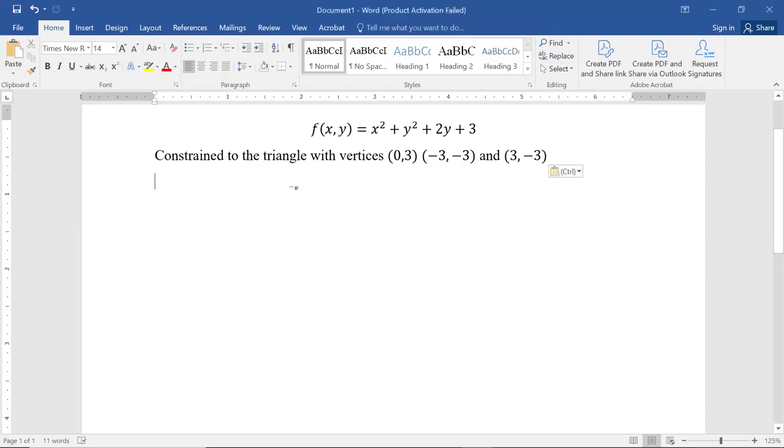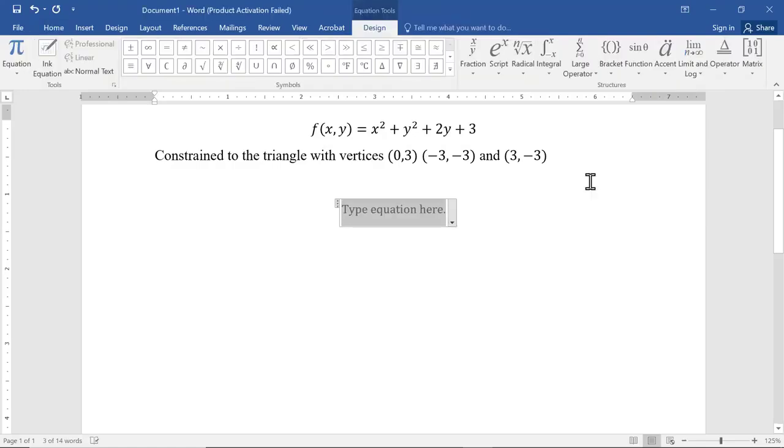So the first thing we're going to look at is to see if this function has any relative maximums and relative minimums. So we take f sub x, that's going to be 2x. We take f sub y, that's going to be 2y plus 2.